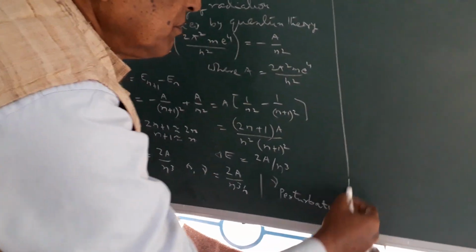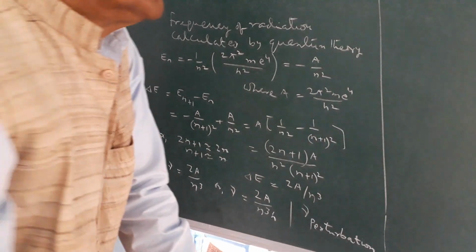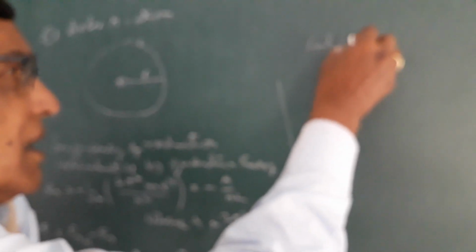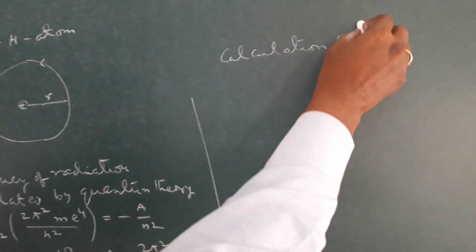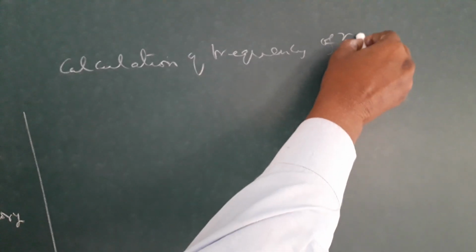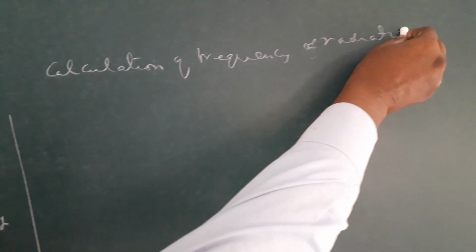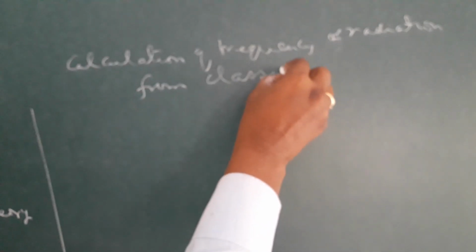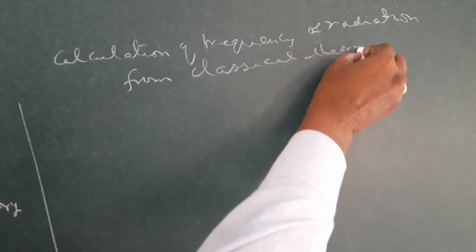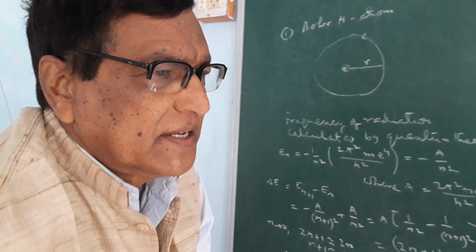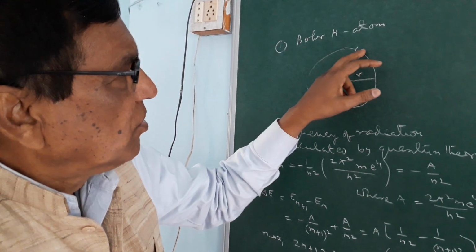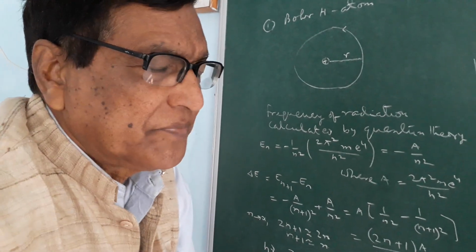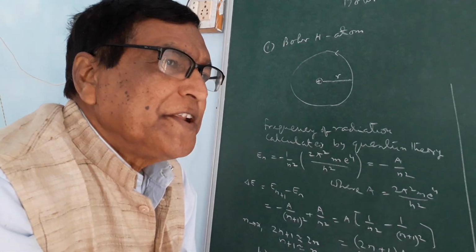If we now calculate this frequency of radiation from classical theory, then we shall find that in classical theory it is stated that the frequency of rotation of the electron in the hydrogen atom will be equal to the frequency of radiation absorbed.